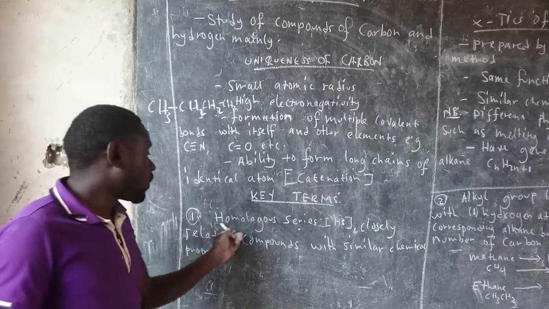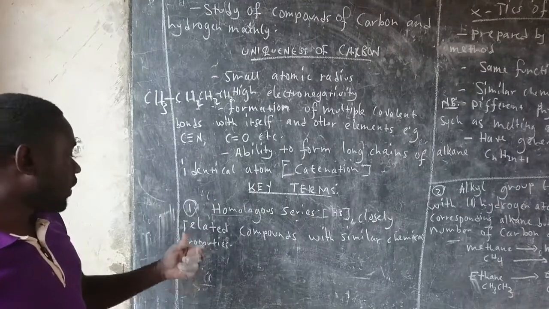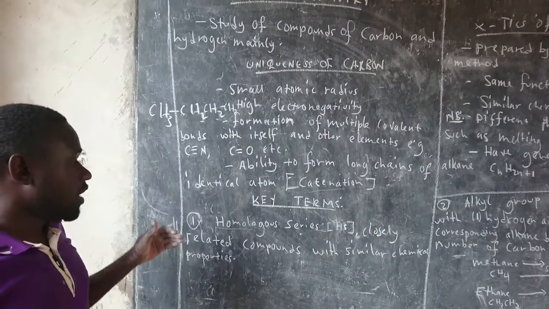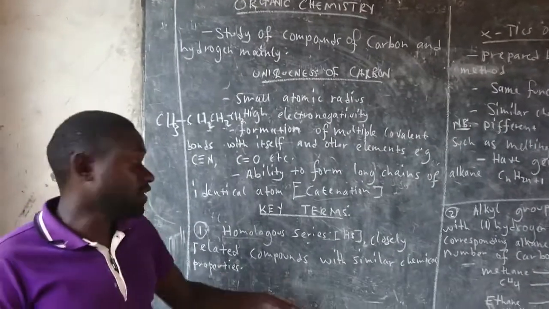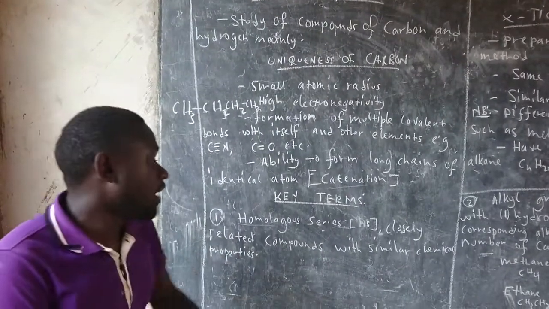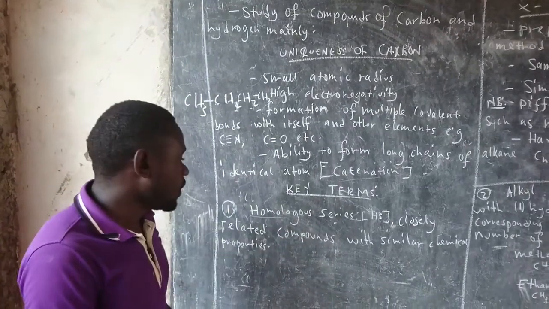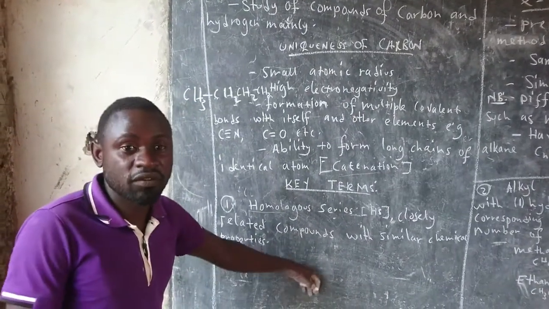Then we have homologous series. These are compounds that are closely related because they have similar chemical properties, whereby the behavior of one compound is the same as the behavior of the other.